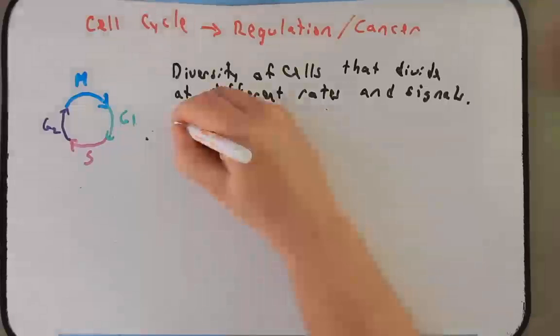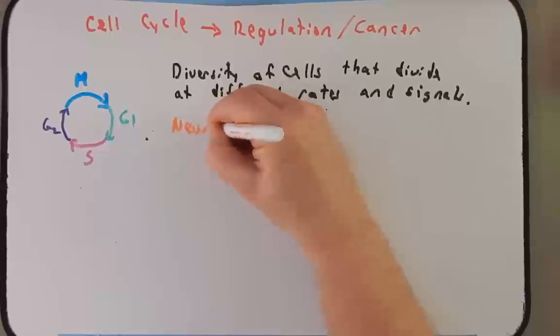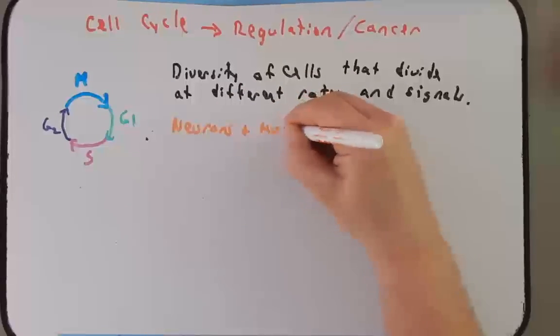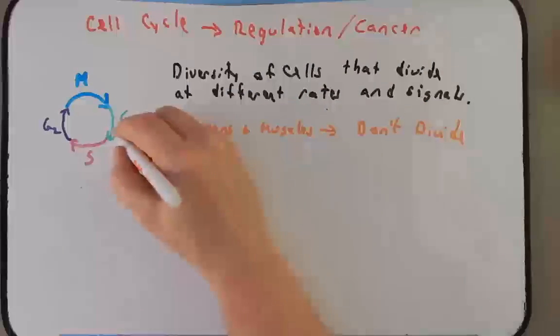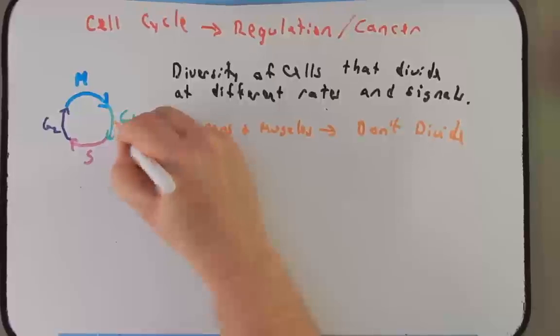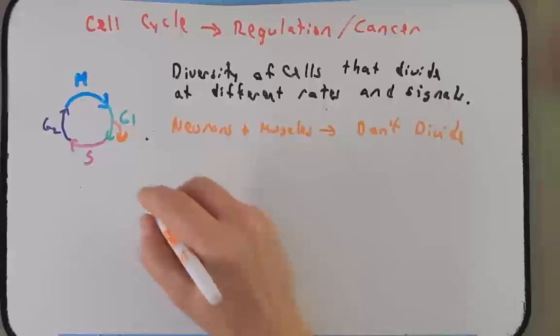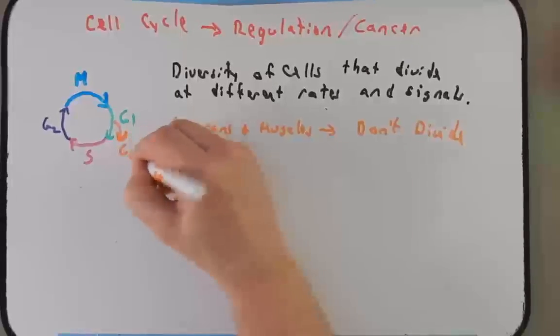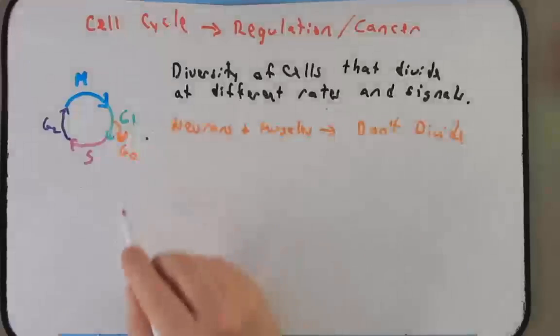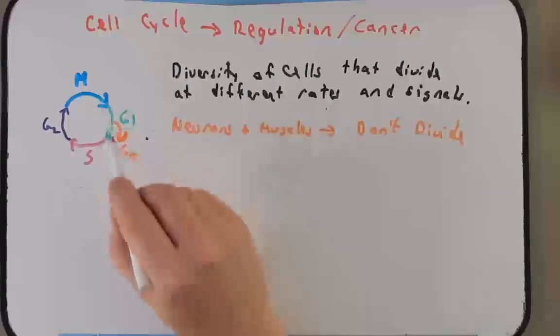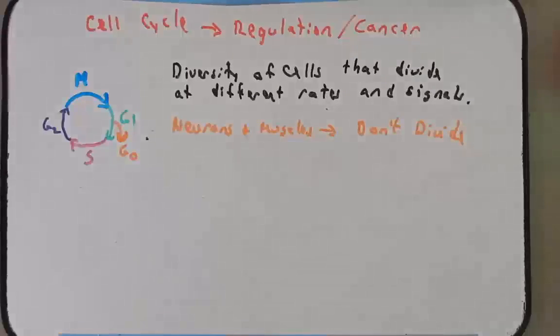For instance, as we've talked about before, neurons and muscles don't divide. They exist in this part of G1, which we didn't mention before, but we'll mention it here, called G0. They exit the cell cycle, and they never return to the cell cycle to divide anymore.